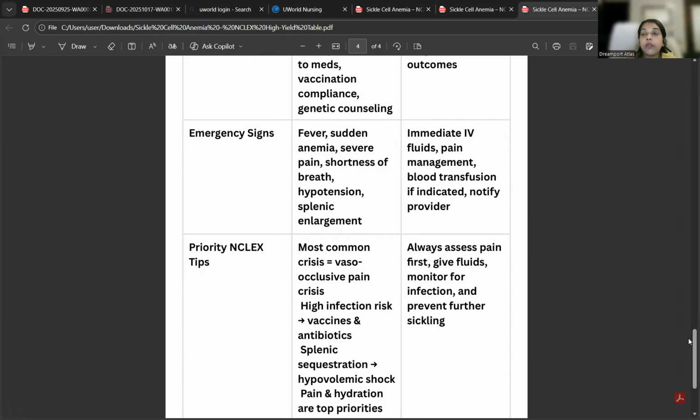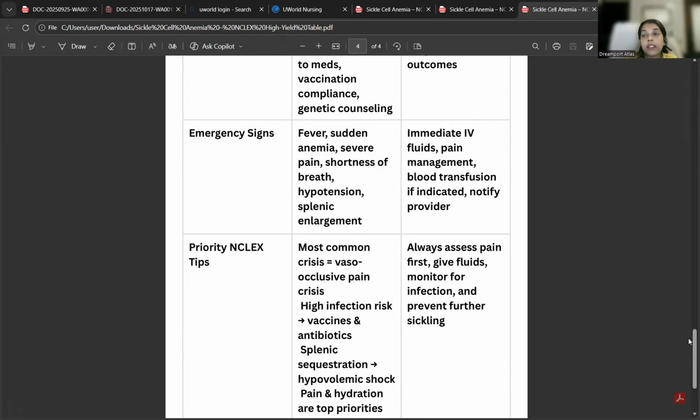So the client needs proper vaccination and medication such as antibiotic administration. Sometimes the client may undergo splenic sequestration, because the spleen will trap the sickled RBC, which can lead to hypovolemic shock. Then we have to manage the pain, and also give health education to maintain hydration status.